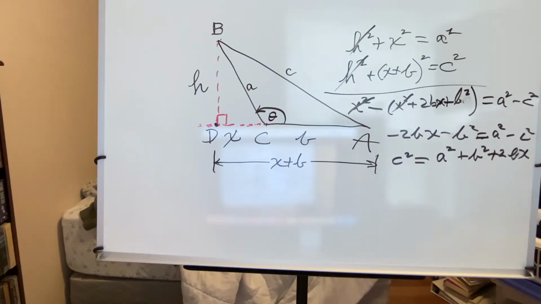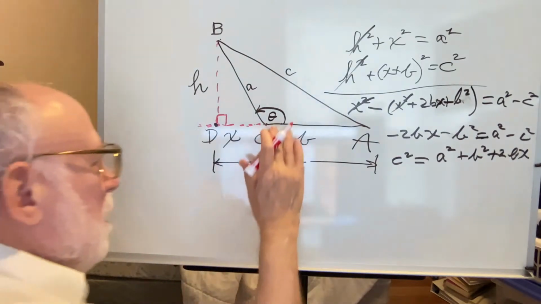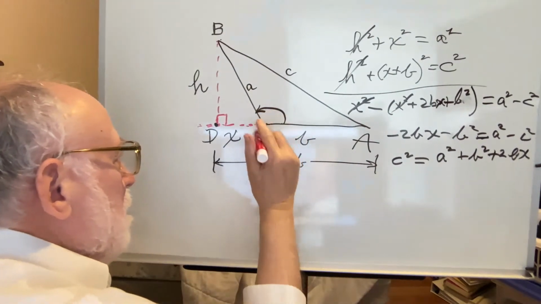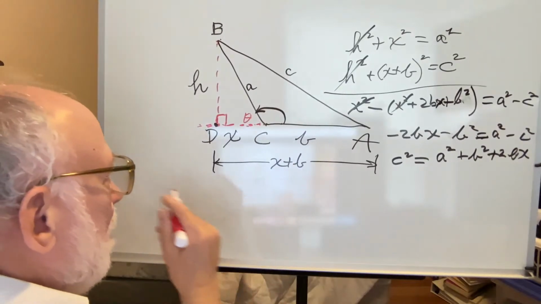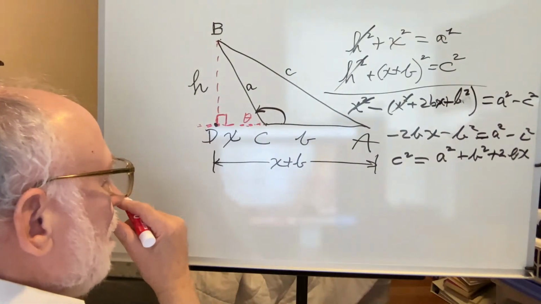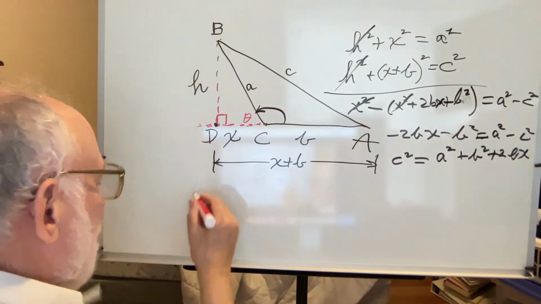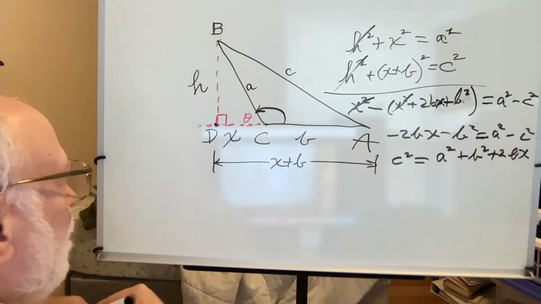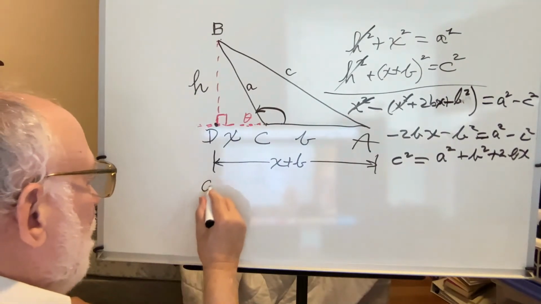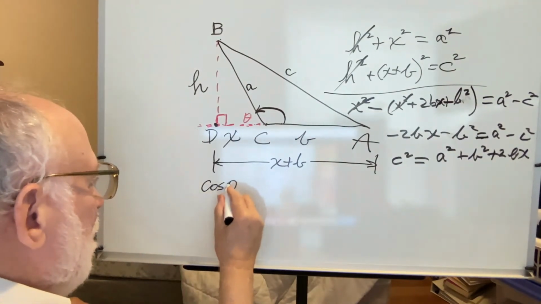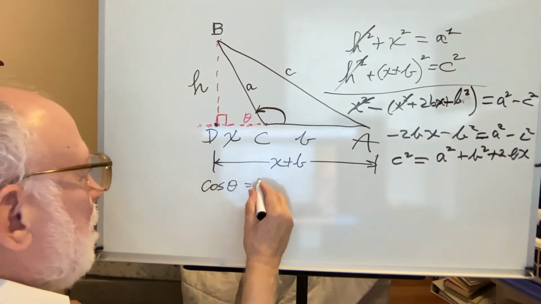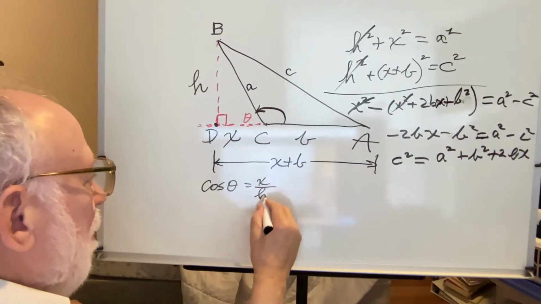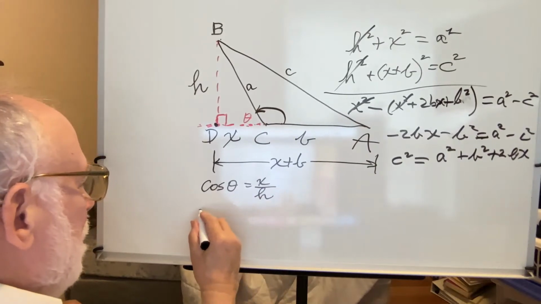If we look at the red triangle, this is your C, this is your theta. We have that the cosine of theta is equal to adjacent over hypotenuse.